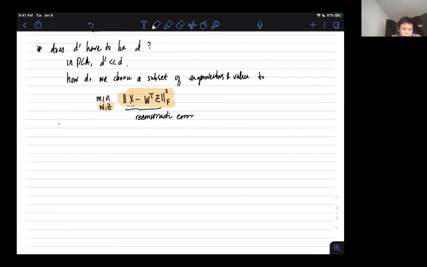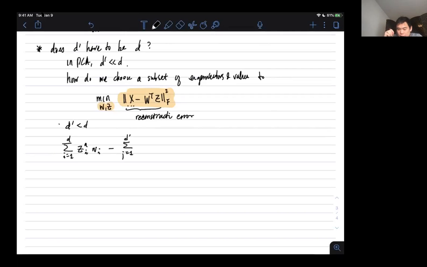We can now write down the reconstruction error using only D prime components, where D prime is going to be smaller than D, as the sum of i going from 1 to D of z_in w_i minus the sum of j going from 1 to D prime of z_jn times w_j, squared.